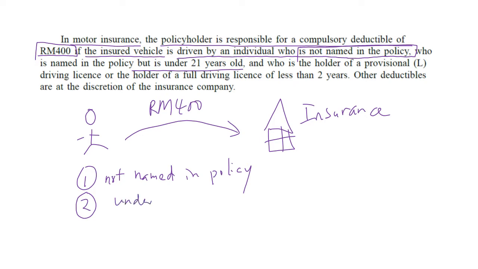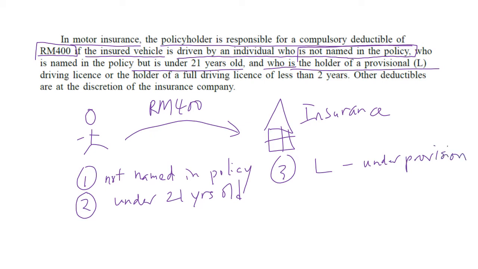The third one is when the driver is a provisional licence holder, with an L, under provision, still not having the full license, just started learning to drive.